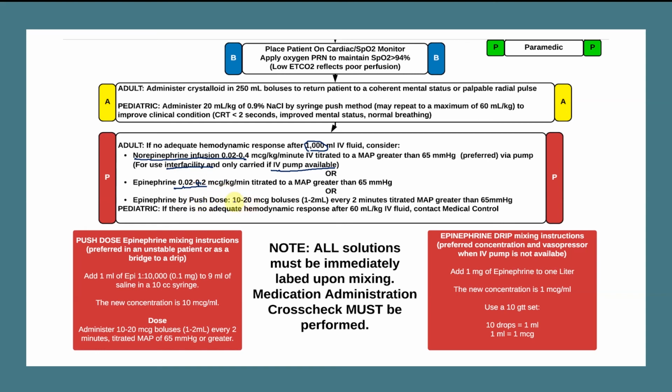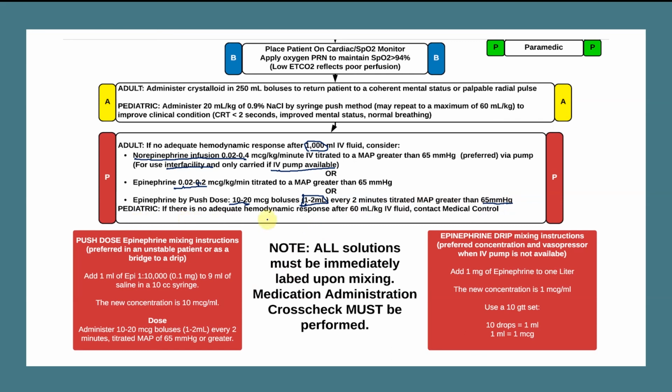You can give 10 to 20 microgram boluses, which should be 1 to 2 mLs, assuming everything was mixed properly. And you can give that every 2 minutes. And you're looking for the MAP of at least 65. Okay.